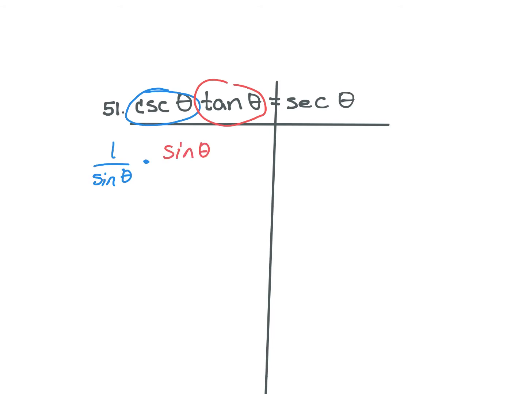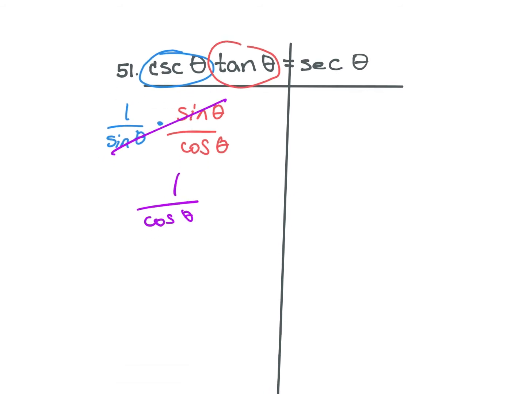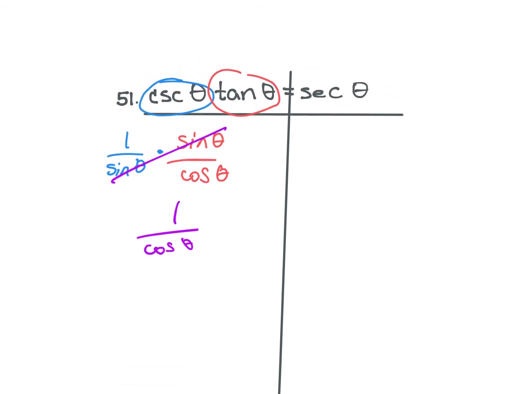Sine theta over cosine theta. We're multiplying, yes? So what do you notice? What can I cross out? The sines. So I have 1 over cosine theta. What can I make 1 over cosine theta into? Look at your trig identities. 1 over cosine, same as what?